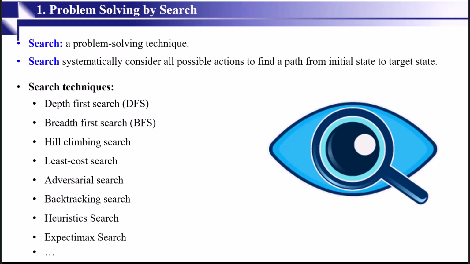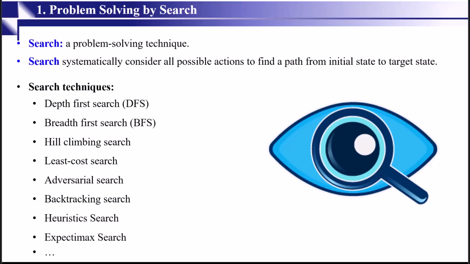Search is a fundamental problem solving technique in AI, and the goal here is to systematically explore a space of possible states. We want to find a space of all possible states as well as the actions, and we want to find a solution.